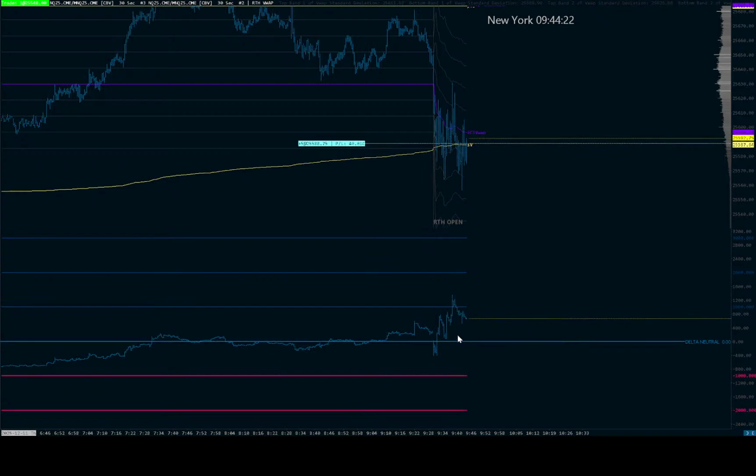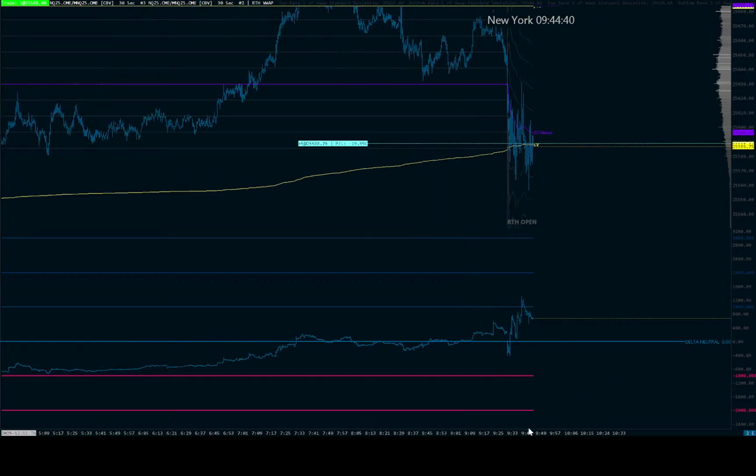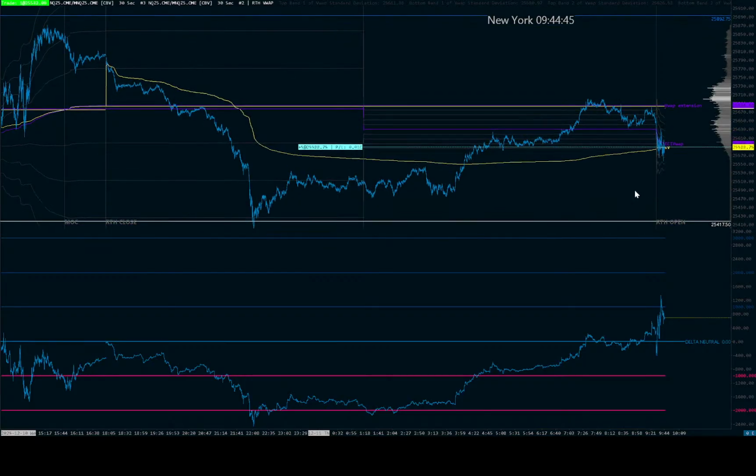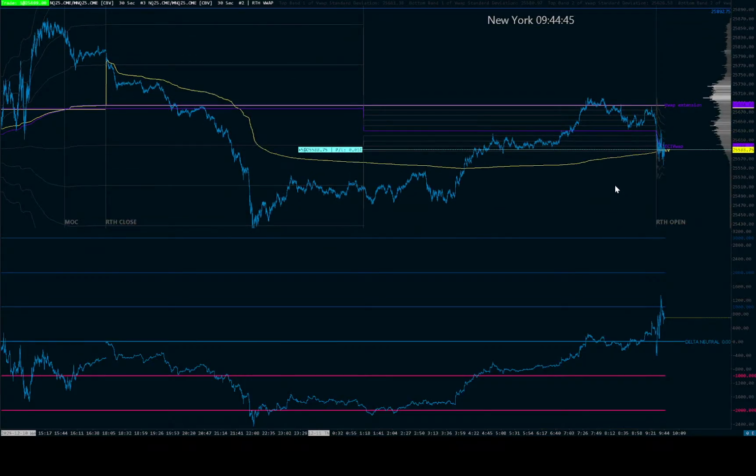Ryan, did you catch all that about what the CVD is telling us and why it's important? Yeah, like this morning, I'm just looking at the chart here.